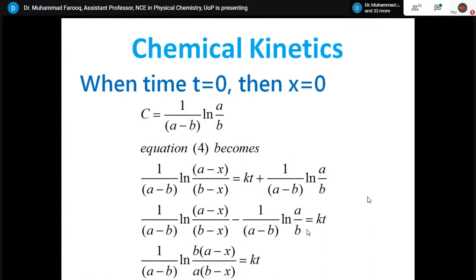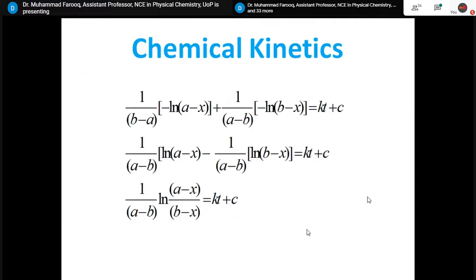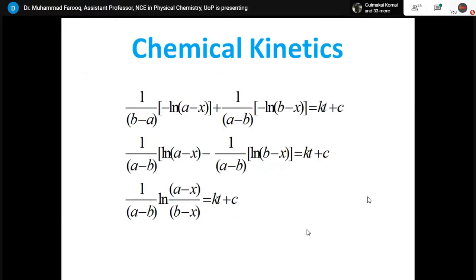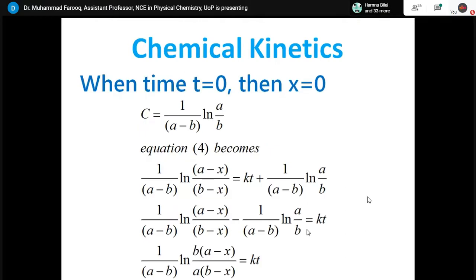Yes, sir. Now, putting in this equation, 1 over a minus b log of a minus x divided by b minus x equal to kt plus c. Now, if you put this value of c here, I can write down 1 over a minus b log of a minus x divided by b minus x is equal to kt plus, instead of c, I will put the value 1 over a minus b log of a divided by b.